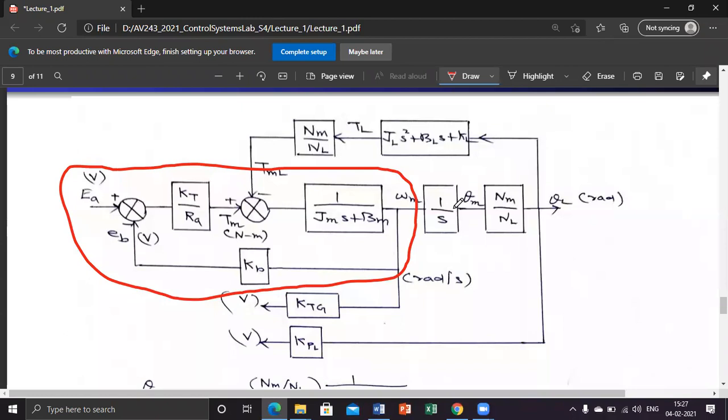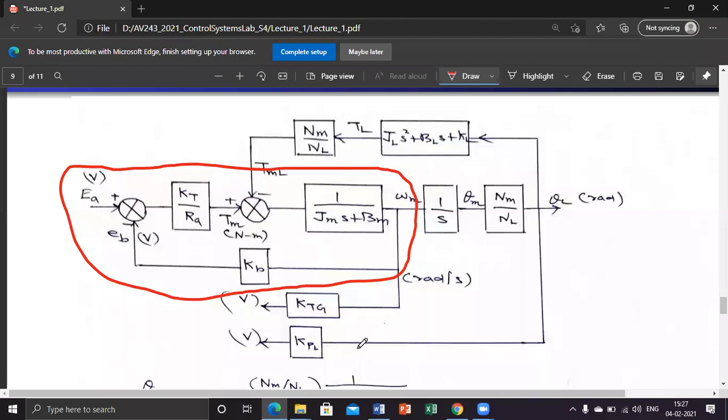There are two variables for the mechanical interface. One is the deflection, another is the torque. You know that there is a term called forward dynamics and inverse dynamics. Forward dynamics means if you apply a torque on a mechanical load, it produces motion.